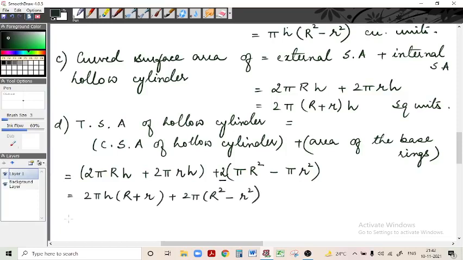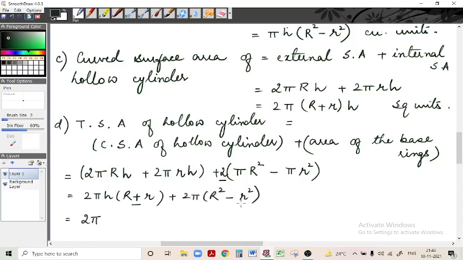Now this is equals to 2 pi we can take common, then this is h (R plus r), and this is R square minus r square. So R square minus r square can be written as capital R plus small r and capital R minus small r.